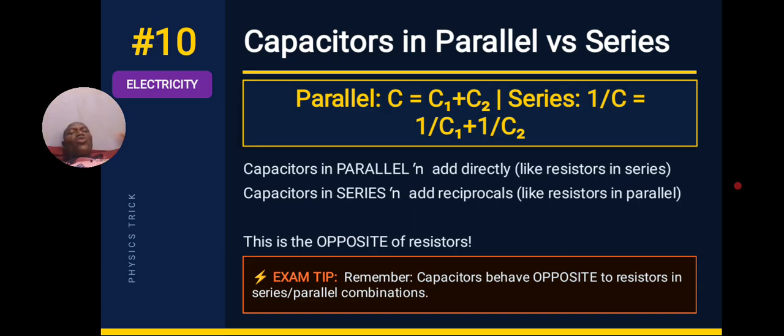So I want you never to forget that the way you treat capacitors in parallel, that's how you treat resistors in series, while the way you treat capacitors in series, that's the way you treat resistors in parallel, that is adding reciprocals.